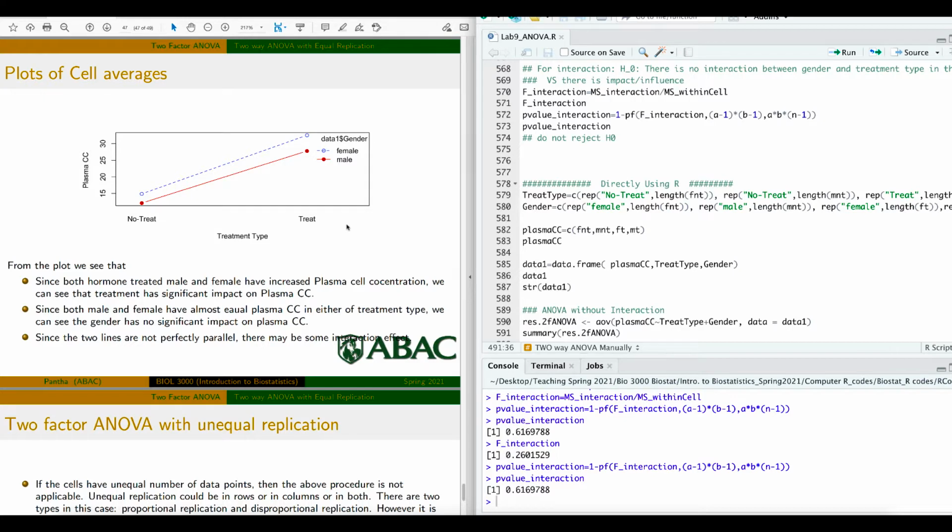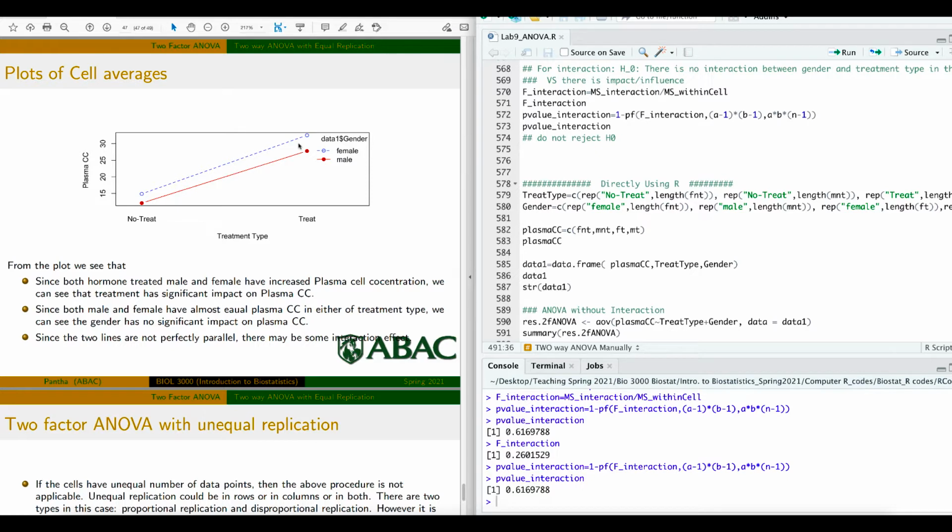Similarly, if you look at these two, for the no treatment, these are the averages of the male and female plasma calcium content, and this one is for the treatment. You see that it is different, because it was around 15, and now with the treatment it is between 25 and 30. This was between 10 and 15, and this is between 25 and 30.